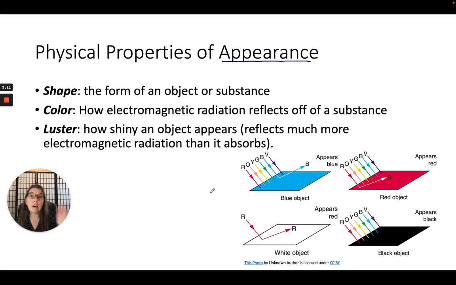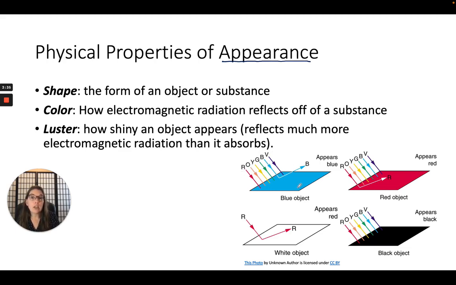When you see color, what you are basically seeing is electromagnetic radiation or light bouncing off of a substance. And every different substance, because of its physical properties, can either absorb some wavelengths of light and reflect others. So in this diagram down here, we have the different colors, ROY G BIV: red, orange, yellow, green, blue, violet.